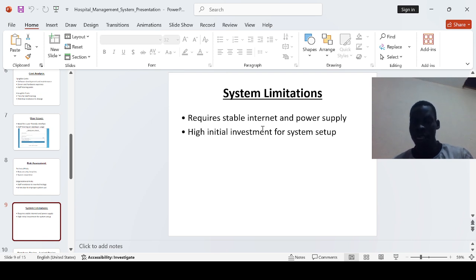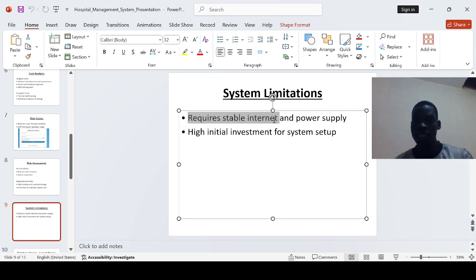As we have already said, there could be challenges of unstable internet, and the system at the same time requires a stable power supply. The stable power supply would help the system run in good condition, but when the power supply is unstable, the system could have some problems.